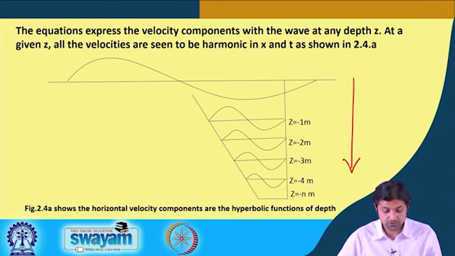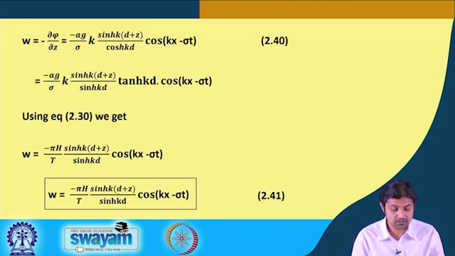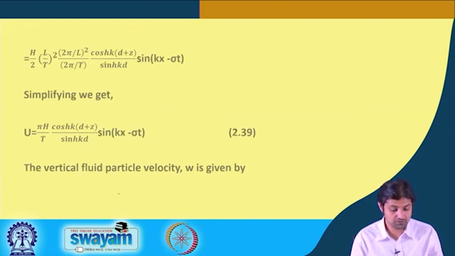Figure 2.4a shows the horizontal velocity component as a hyperbolic function of the depth, sin h k (d plus z), hyperbolic functions of d plus z, and the same with u also.